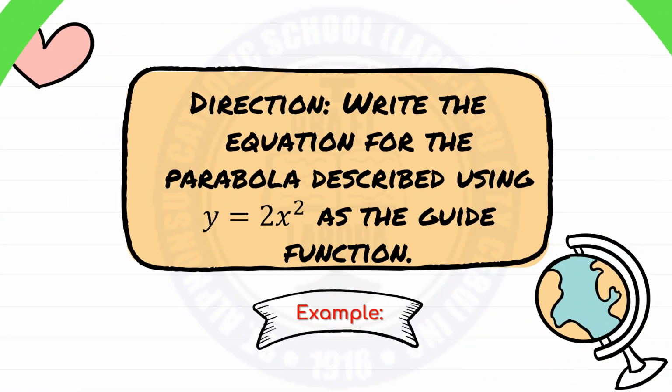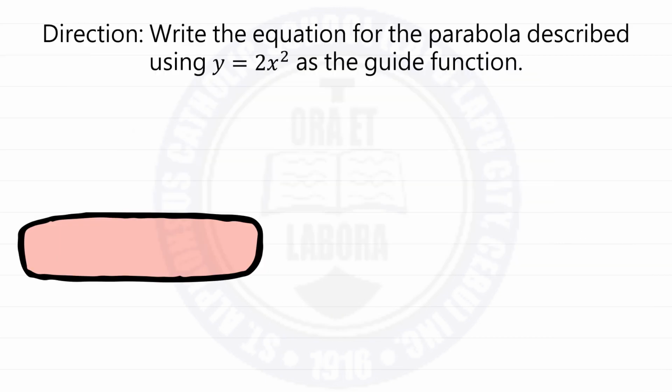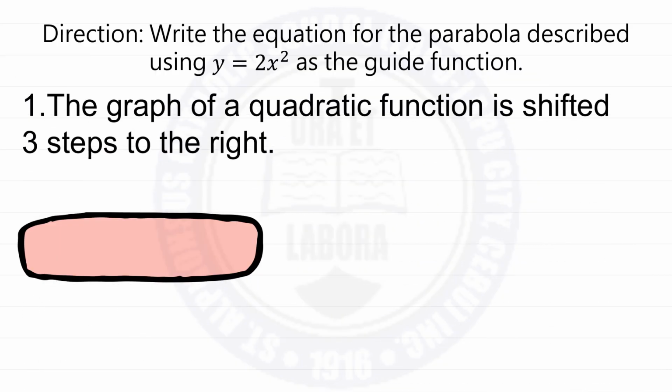Example: write the equation for the parabola described using y equals 2x squared as the guide function. Number 1. The graph of a quadratic function is shifted 3 steps to the right. The equation of the parabola will be y equals 2 times quantity x minus 3 squared.